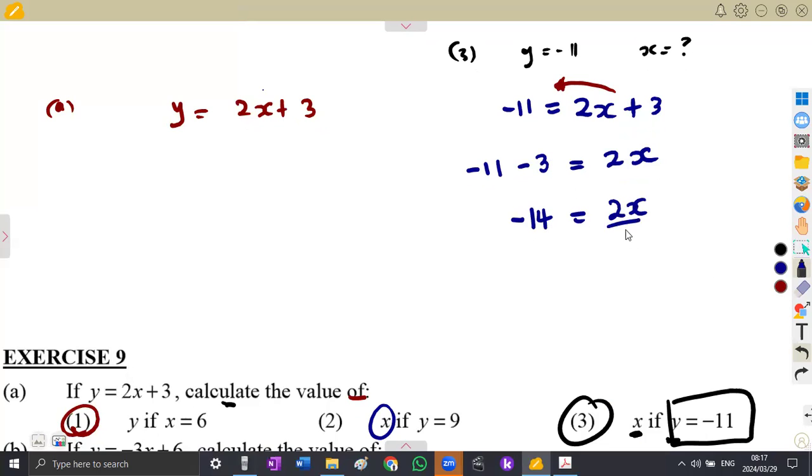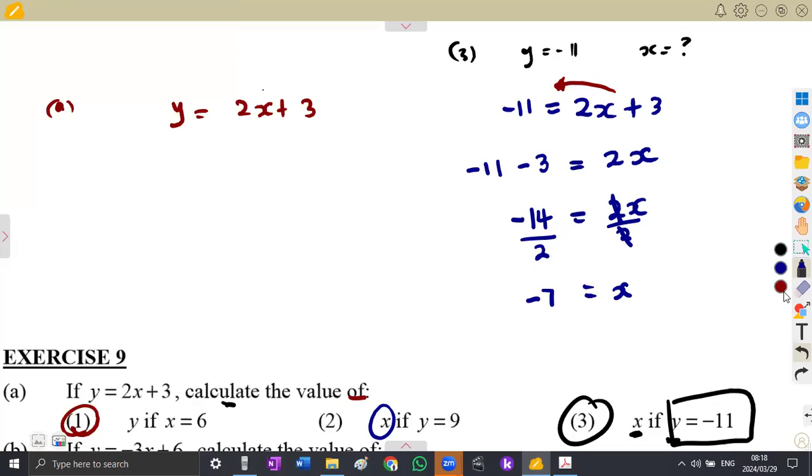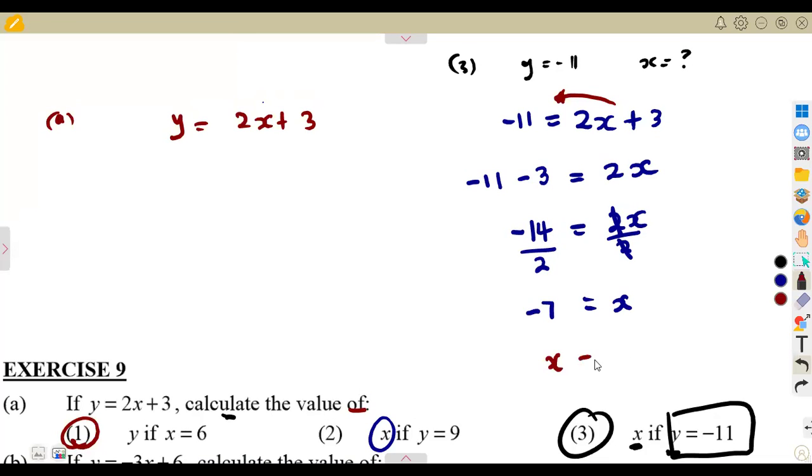So how do I find x? Divide by 2. Since it is a product, divide by 2, these cancel. So x is going to be negative 14 divided by 2, which is negative 7. Or on your calculator, just divide by 2. That's going to be negative 7. So this is the value of x which satisfies this equation when y is equal to minus 11.